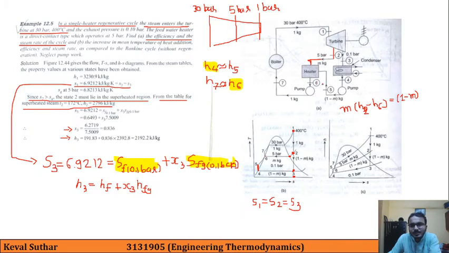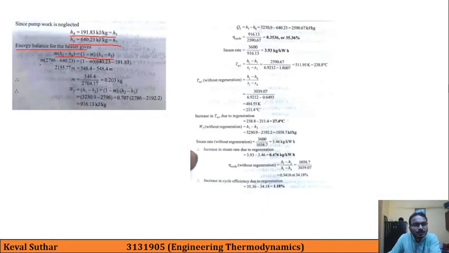So by putting all those values here, we can obtain the value of mass. Once we obtain the value of mass, we can obtain the WT.